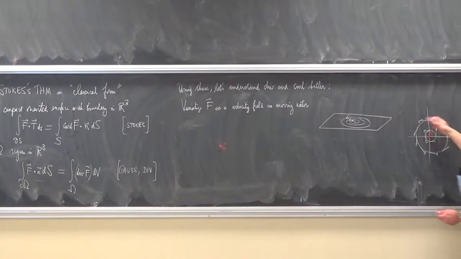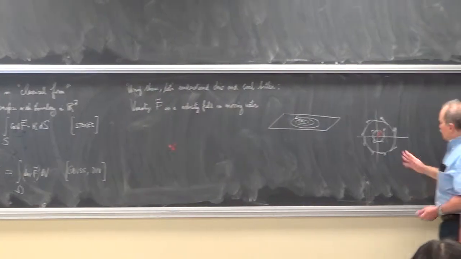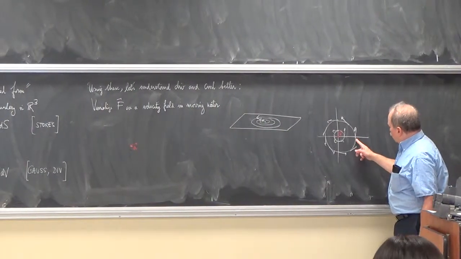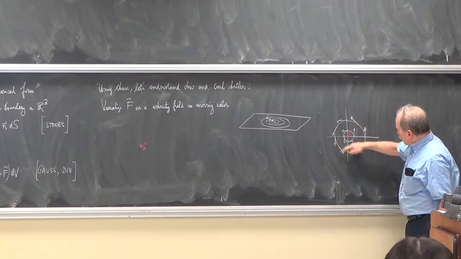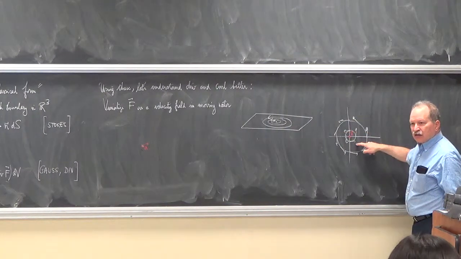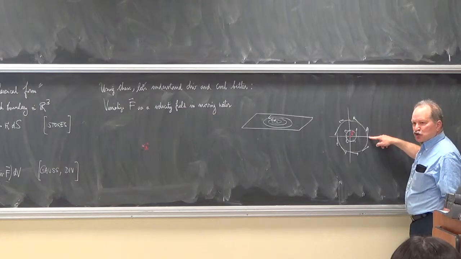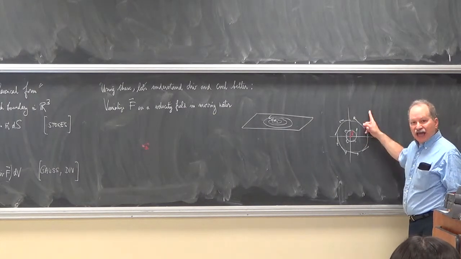So if, for example, it looked like this, you can see that the work done by F around any circle centered at A is a measurement of how strong the force field is, because it's already tangent to the circles.